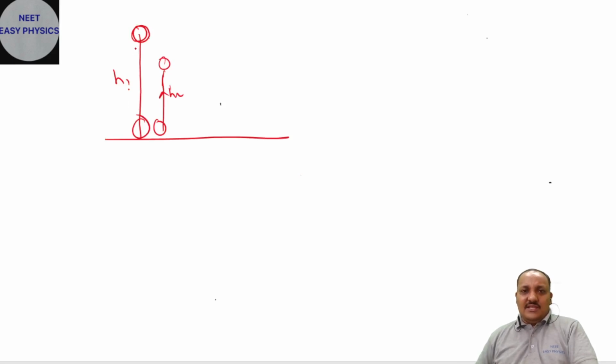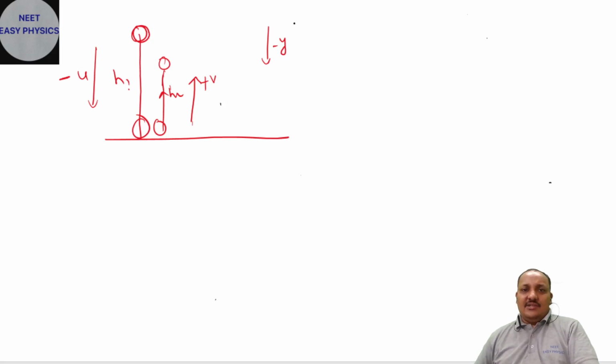Now how do you get the change in momentum? Here u is downwards and v is upwards, let us assume. Downwards is the minus y-axis, therefore minus u. Upwards you will take plus.